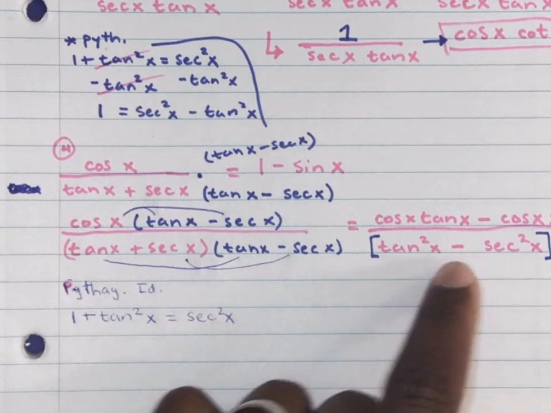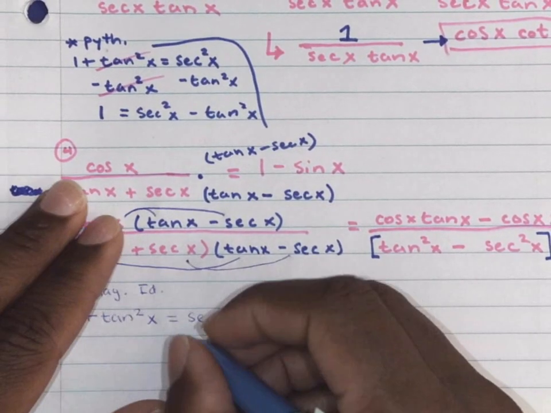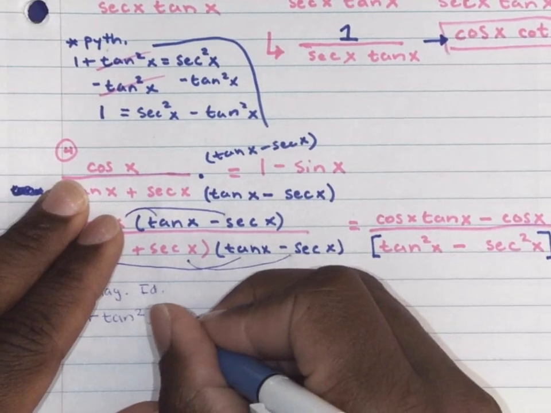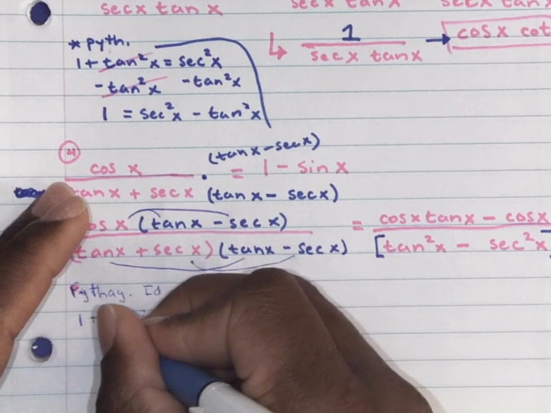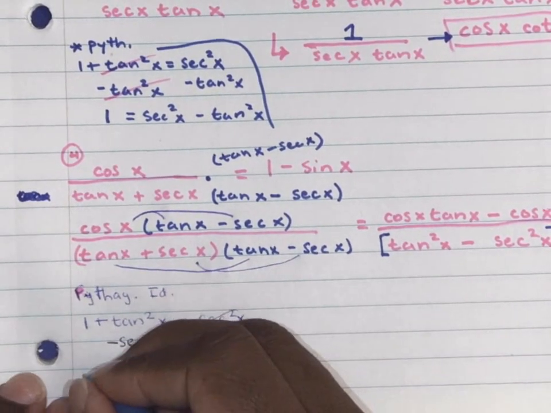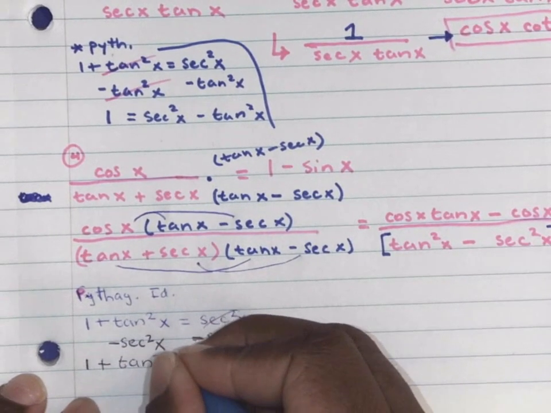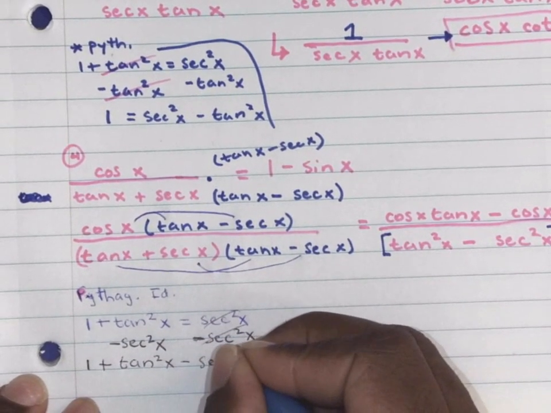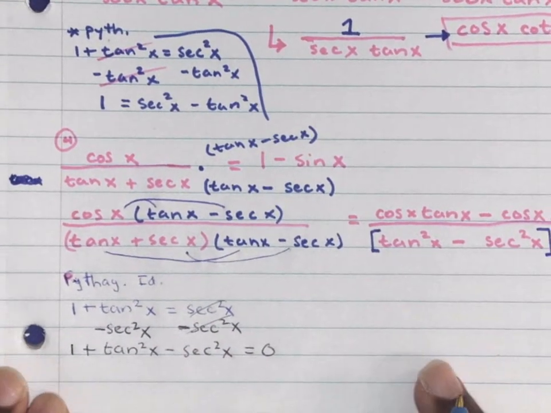So this time, to get it to look like this, we need tangent to stay positive, meaning we need to subtract secant this time. So we'll subtract secant from both sides. These secants cancel out, and what we have is 1 plus tangent squared minus secant squared equals 0 because nothing else is over there.